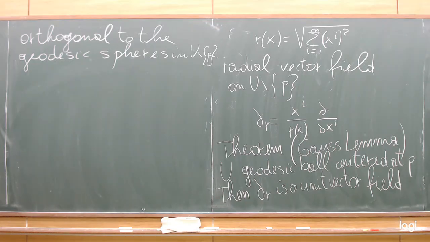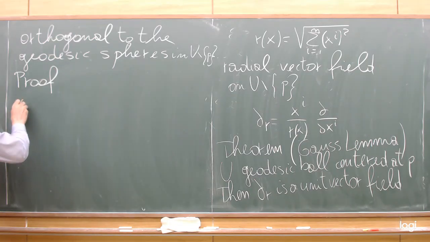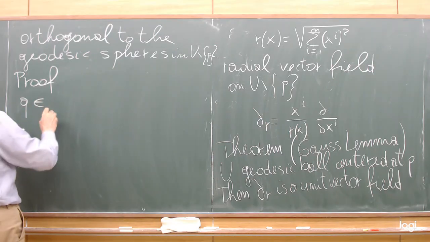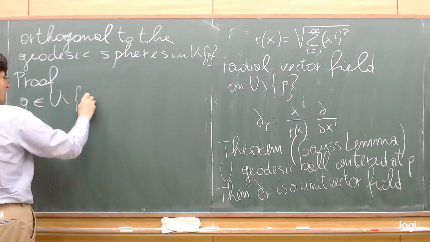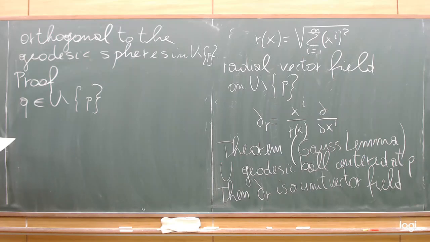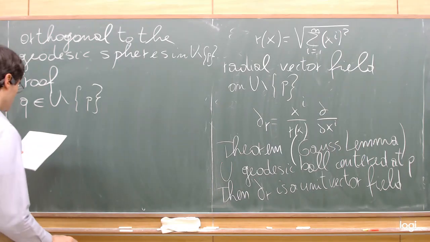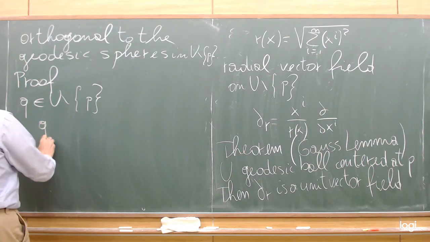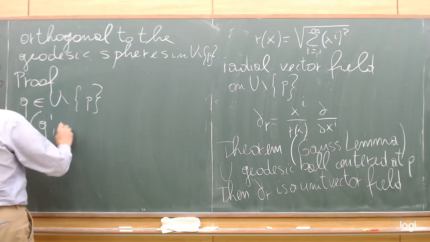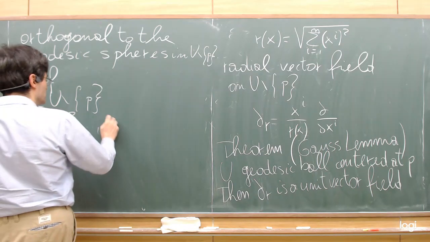Okay, let's prove this result. So let Q be a point in U minus P, and suppose that its coordinates are Q1, Q2, Qn.